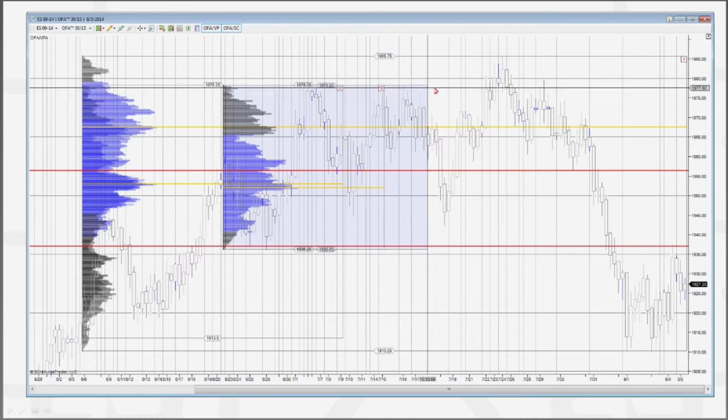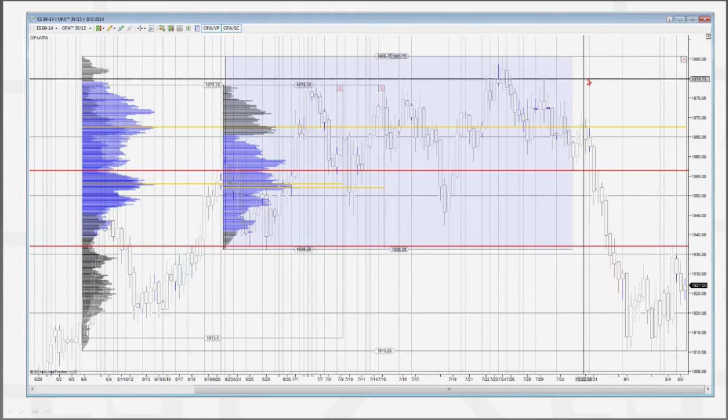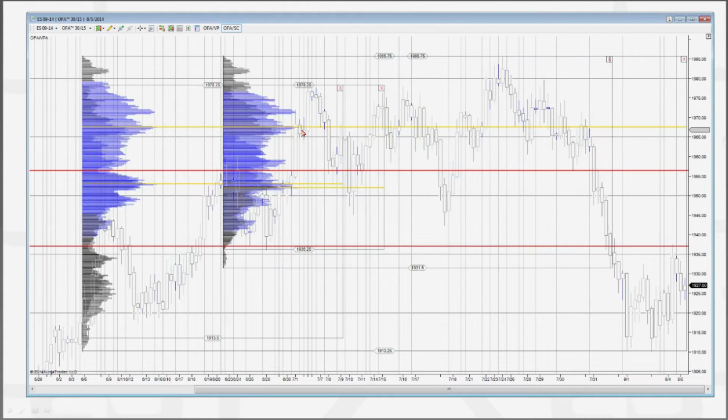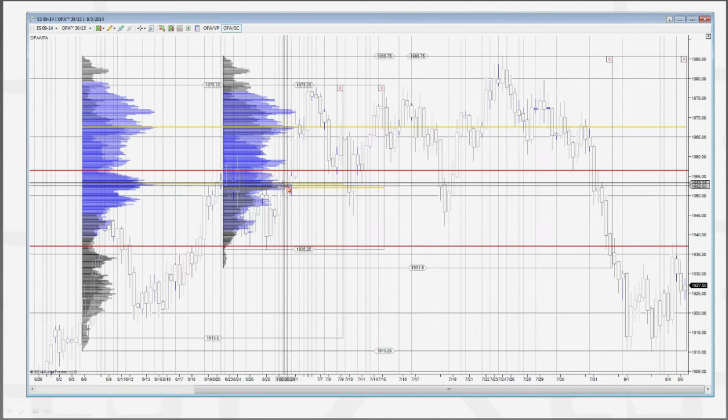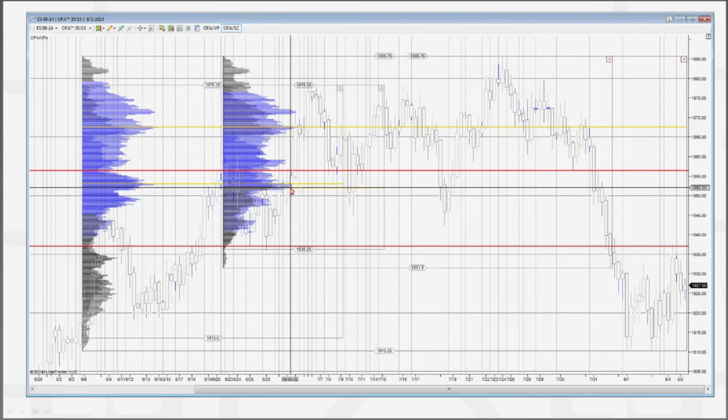The longer it stays up in this area, the more valid these levels are.